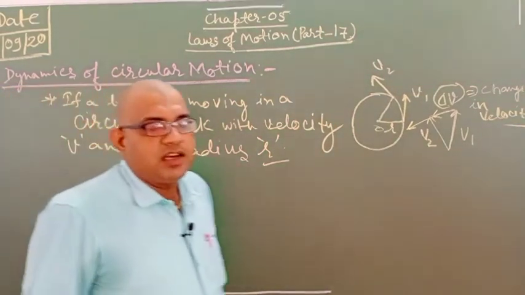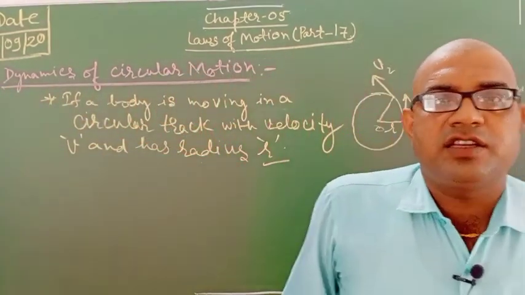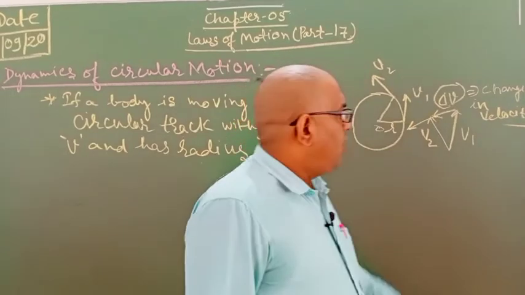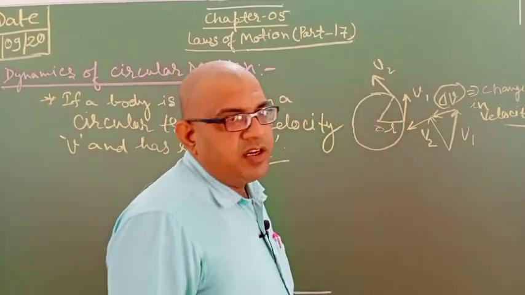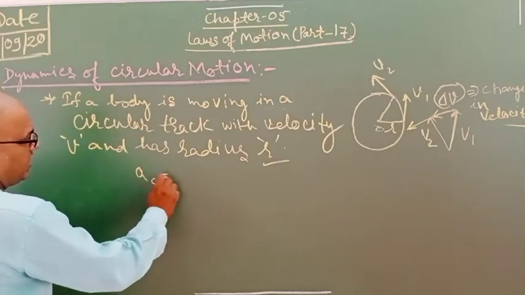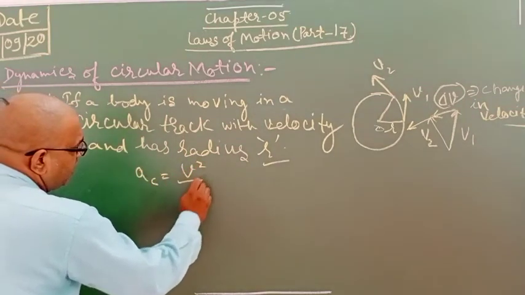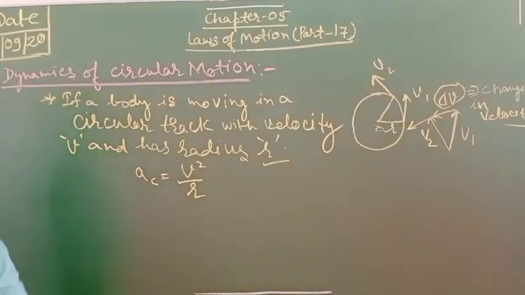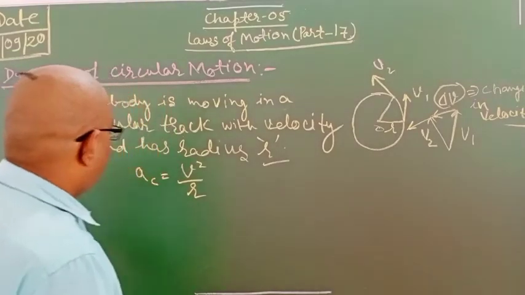then the acceleration towards the center of the vehicle moving on the circular track is called the centripetal acceleration, and it is given by v square upon r, as we had calculated before also.